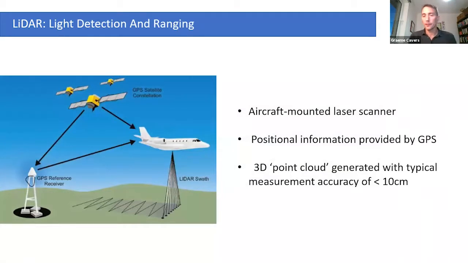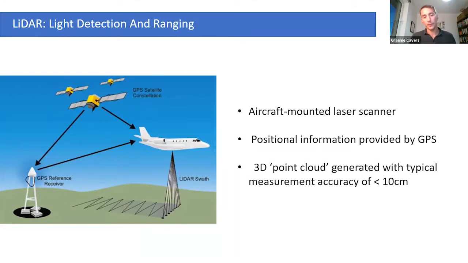So just to say a little bit about how LiDAR works, to give a very brief overview of the technology. Basically, the principle is that LiDAR is laser scanning. LiDAR stands for light detection and ranging. So it's effectively the light version of what radar is. That's how it gets the acronym.